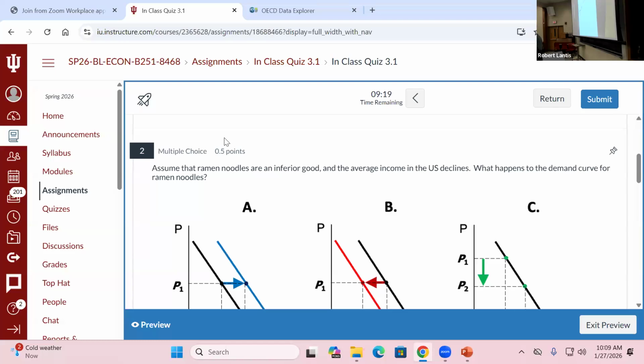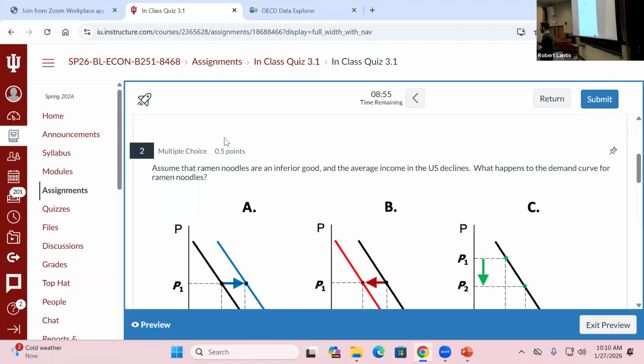Everyone's income is going up. For inferior products, something like public transportation: when you have more money, you're more likely to buy a car. So what are you less likely to now use? Public transportation. So when income goes up and the demand for a product goes down, we call these inferior goods.